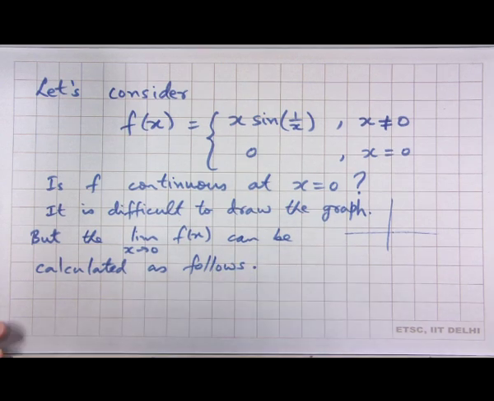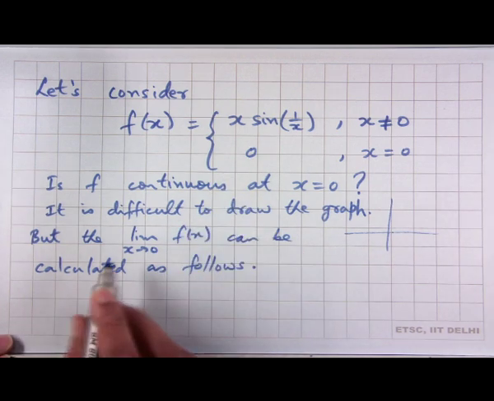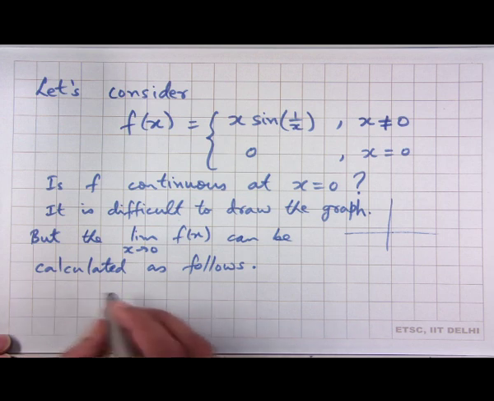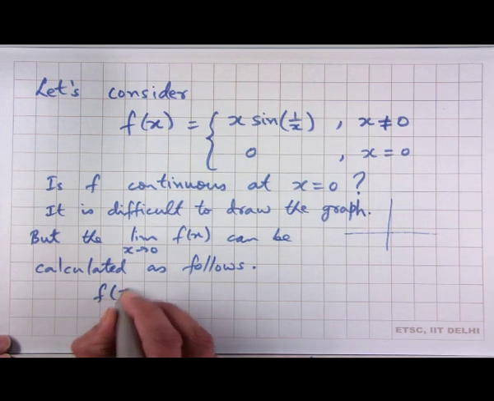I think we have seen this example maybe before also. So, how do we show that the limit exists? If you look at f of x, let us look at what is mod f of x.